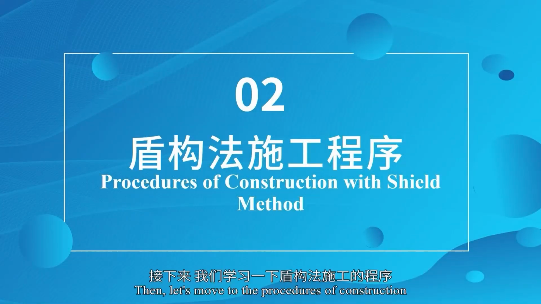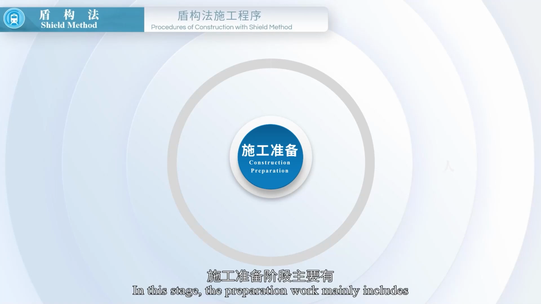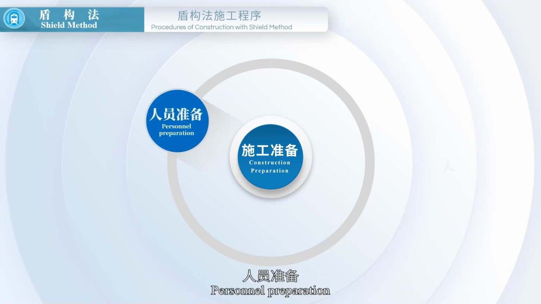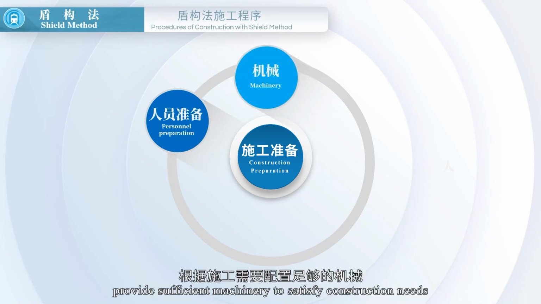Then, let's move to the procedures of construction with the TBM tunneling method. Step 1. Construction preparation. In this stage, the preparation work mainly includes personnel preparation: assemble construction personnel and carry out safety training. Machinery: provide sufficient machinery to satisfy construction needs.